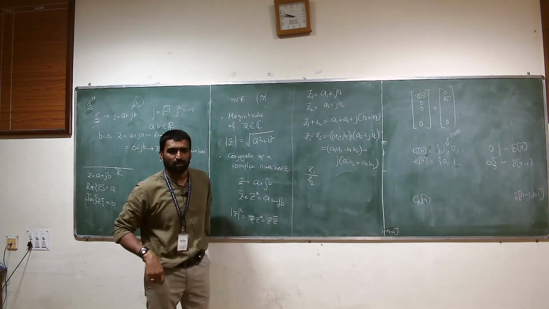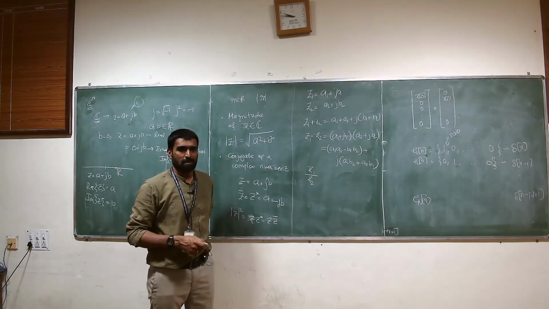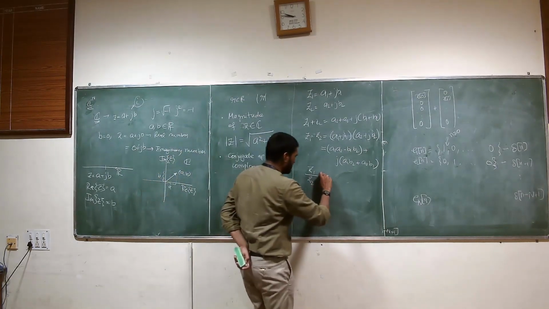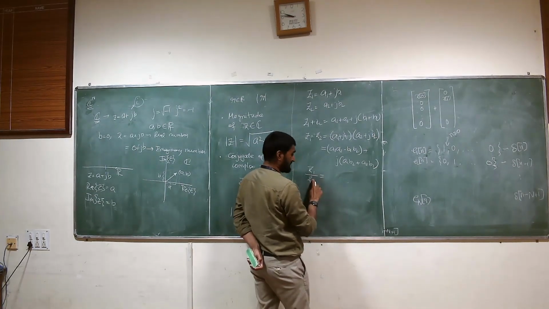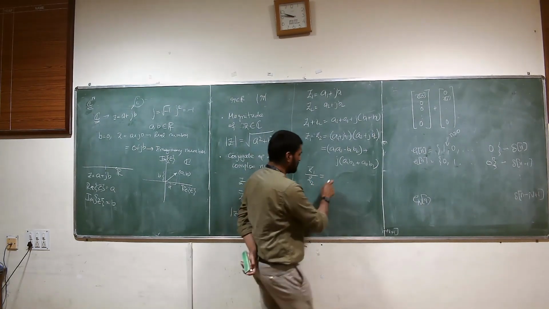How do you divide two complex numbers? Can you divide them? Yes, you can. All you do is multiply both the numerator and the denominator by the complex conjugate of z2.